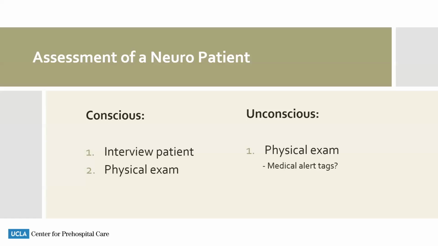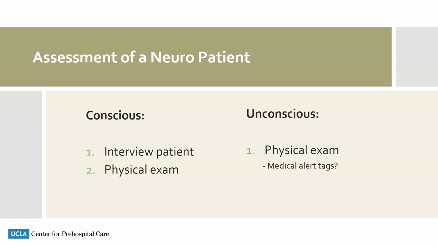If he's unconscious, you want to look around. If he's by himself, it's a little bit more of a challenge because he's not going to be able to answer your questions if he's unconscious. If there's family around or other people who have observed him, that's fabulous. You can get some information from them. However, the other thing is to look around him, on him too.